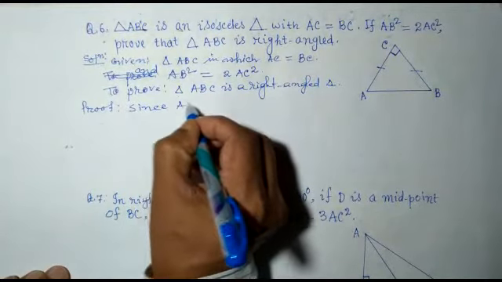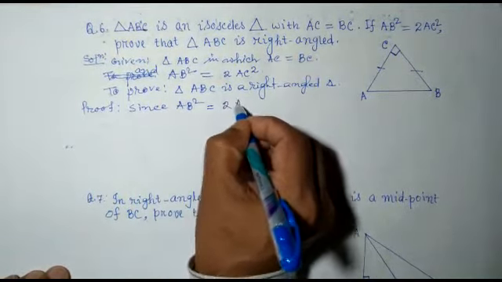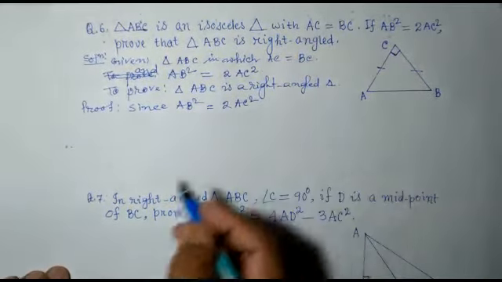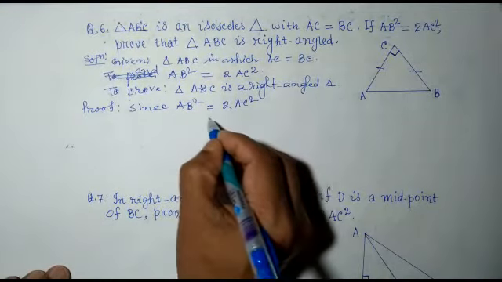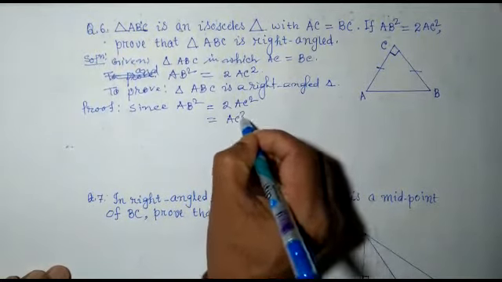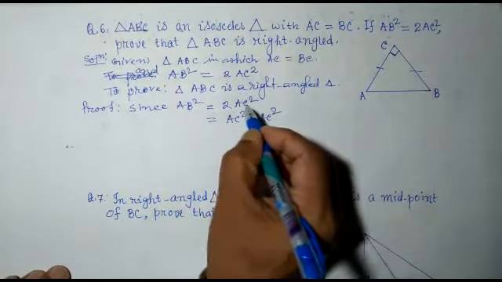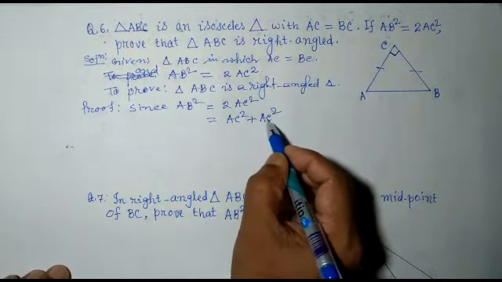Since AB square is equal to twice AC square, this twice AC square we can write as AC square plus AC square. Twice AC square we break as AC square plus AC square.